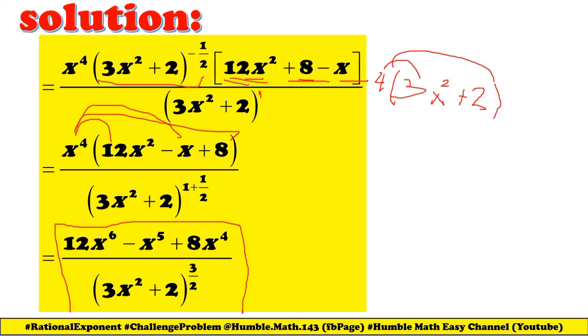And for the variables, if we want to identify the greatest common factor, all you have to do is get the lower value of the given exponents. So that would be the tip in simplifying rational exponents given the same kind of problem that we have.